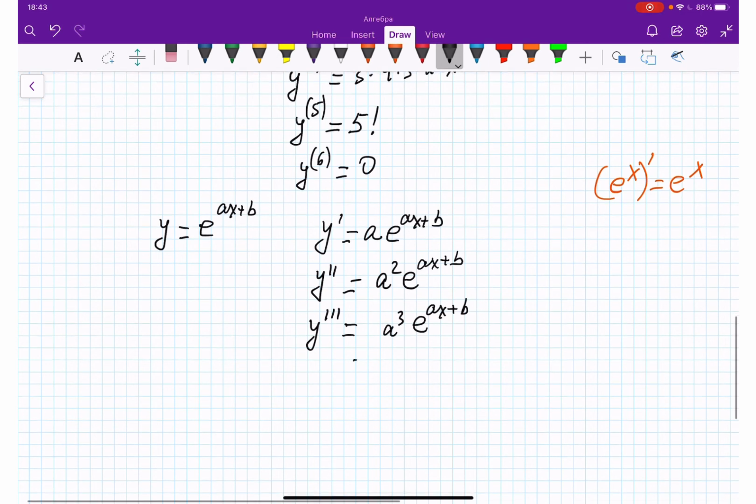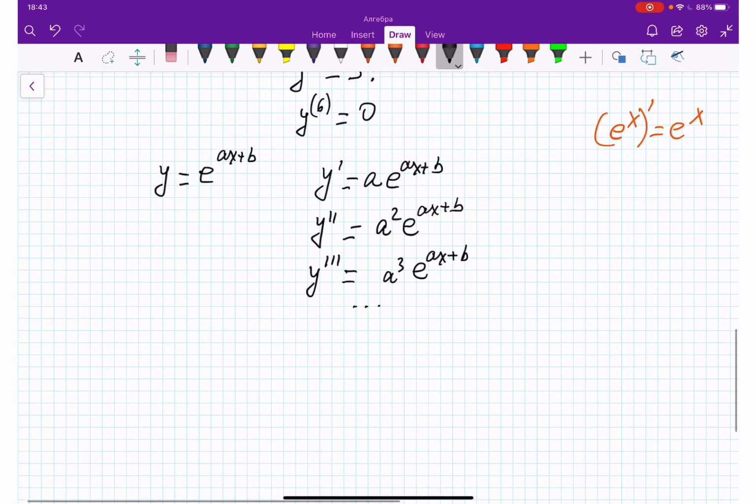So from here, we can write down the general formula for the derivative of nth order. It's going to be equal to a to power n, right?